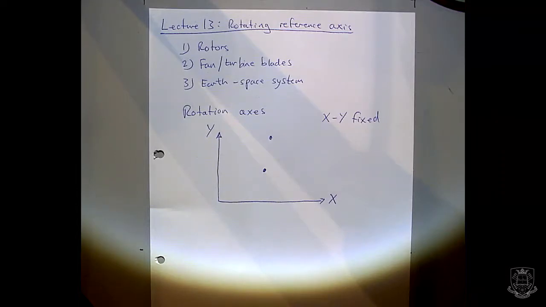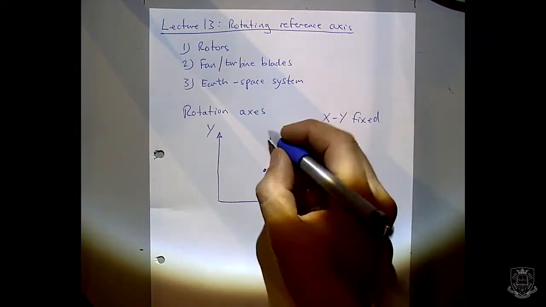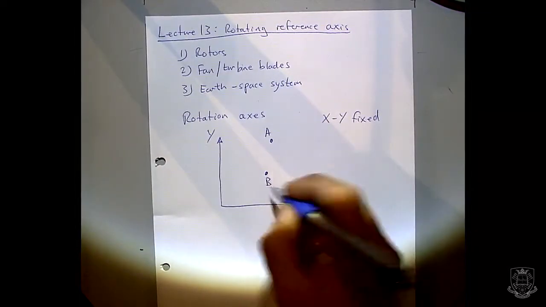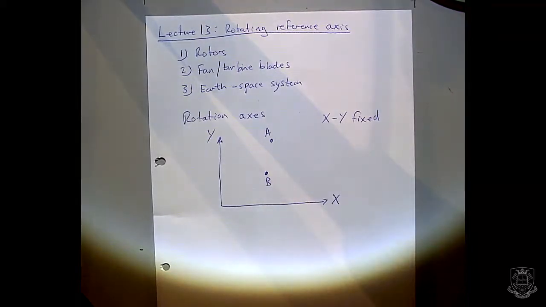Okay? So if we've got a couple of points in this reference frame, we call them A and B. Okay, and let's assume that, for example, we want to use point B as a center of rotation. So we want to define some reference frame.